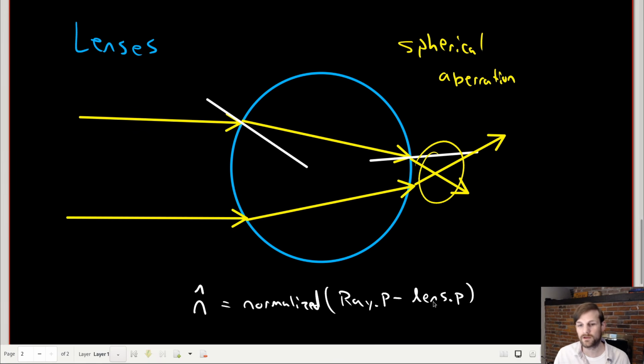So if we're trying to determine if the light ray is coming towards the lens or going away from the lens, we can simply do a dot product of the normal from the lens with the light's direction. And if we get a negative from here, we know that the light ray is coming from another direction, and therefore we need to refract out the other way.